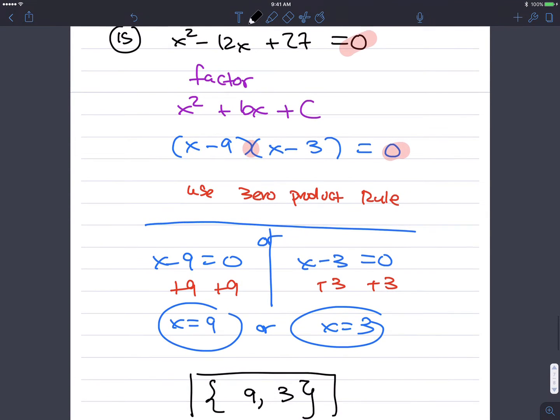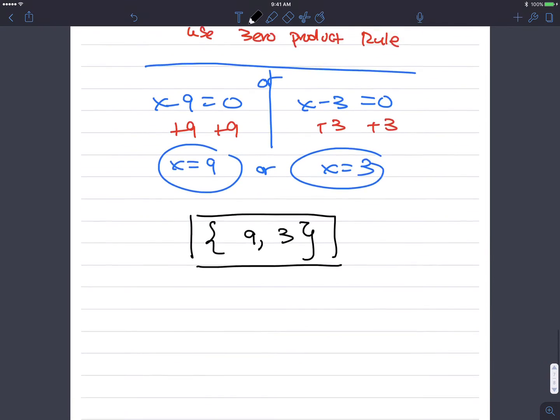Okay, you guys okay with this one? All right, let's see. 17. X squared minus 2x minus 24 equals 0.